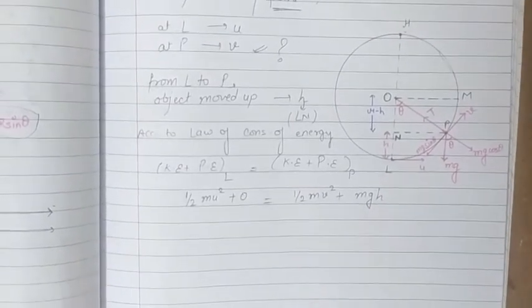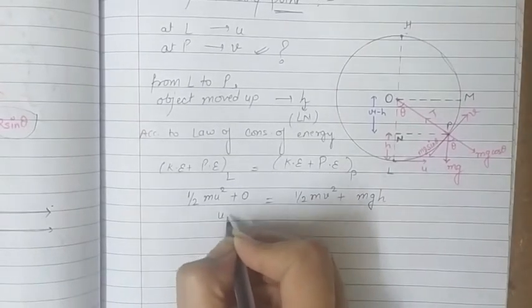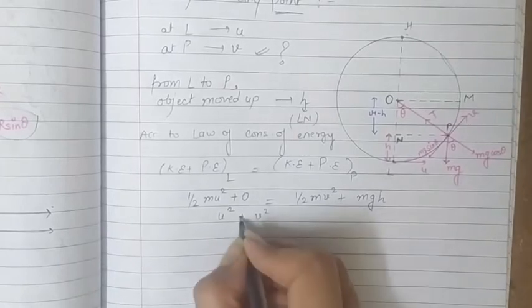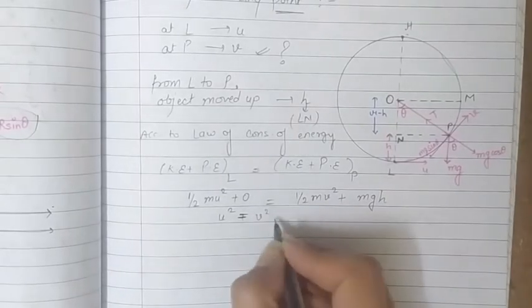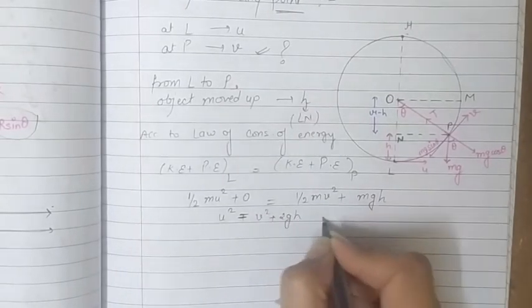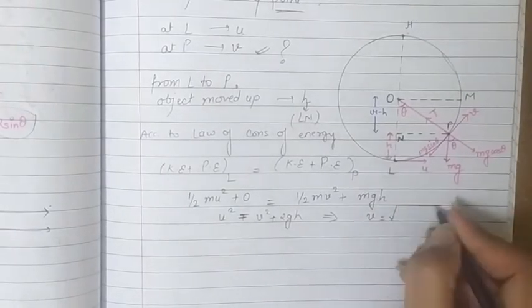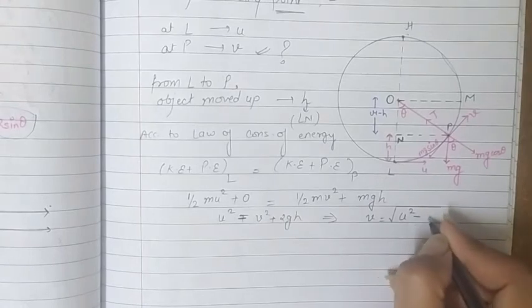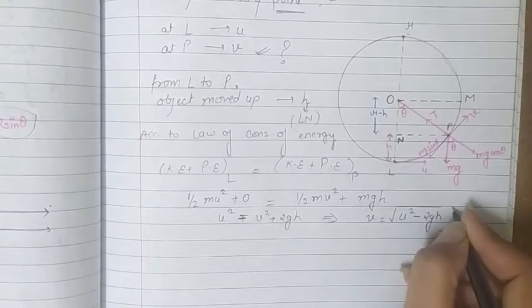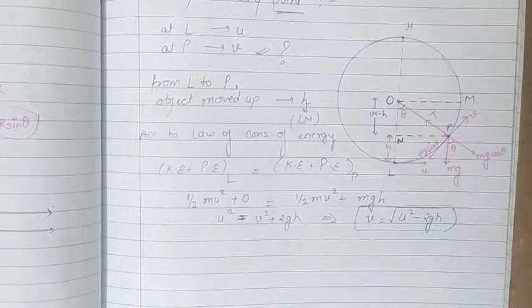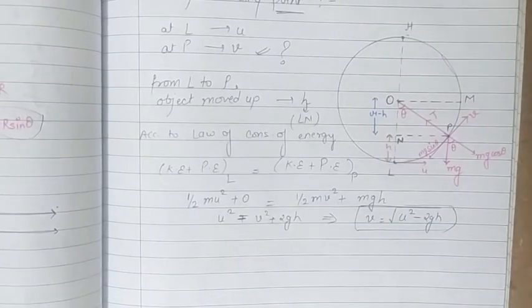Now by rearranging this equation, we get u square equal to v square plus 2gh, and by solving this we get the velocity v equal to under root u square minus 2gh, which is the velocity of the object at point P or at any point at height h.